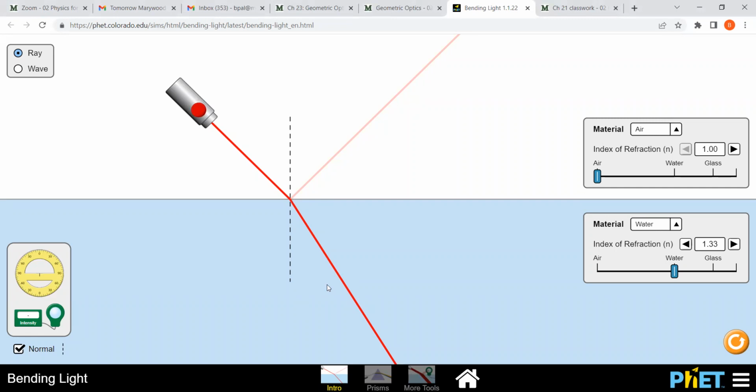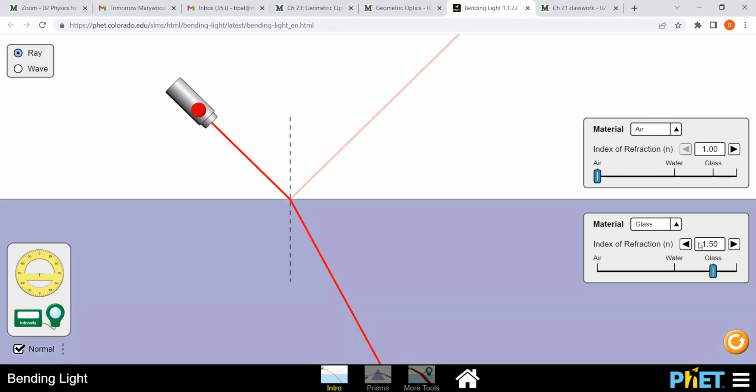Now to understand refraction, we need to understand some properties of the transparent material, and we call it index of refraction. Here you see that the index of refraction for air is 1, and for water is 1.33. For glass, the index of refraction is 1.50.